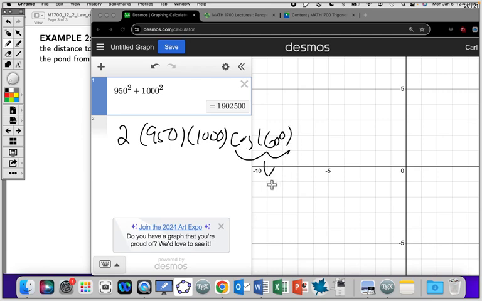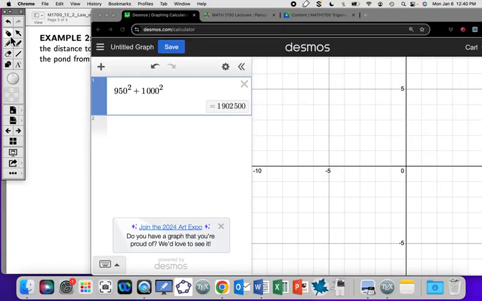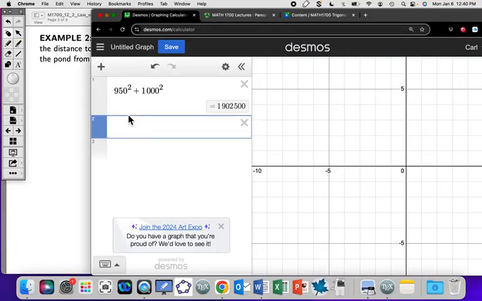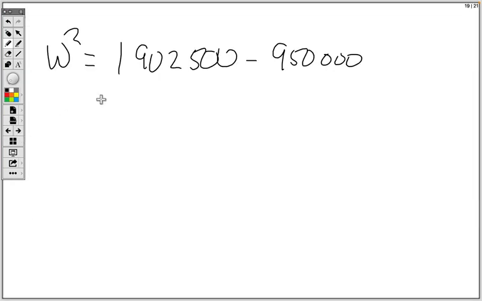Cosine of 60 degrees is a half, so I'm just going to get 950 times 1,000. So that's just 950,000. So I'll just subtract those two numbers now. $952,500.